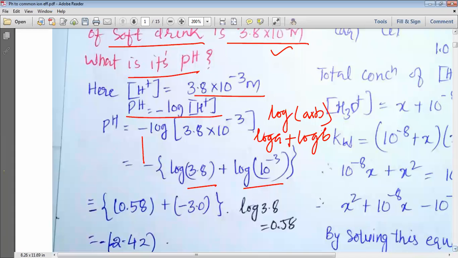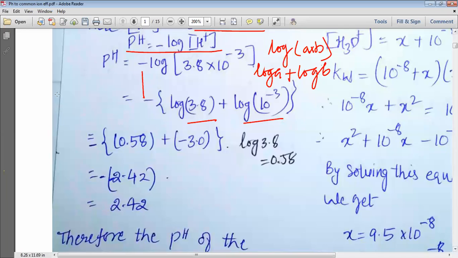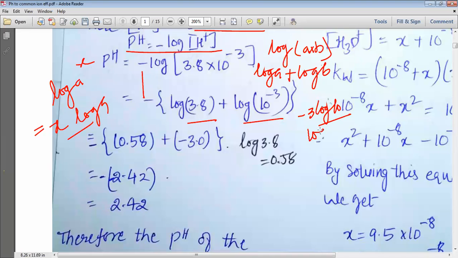Now if you have log of A raised to x, then you simply write it as x log of A. So here you have log of 10 to the power minus 3, that you can write as minus 3 log of 10. My dear students, log of 10 is equal to 1.